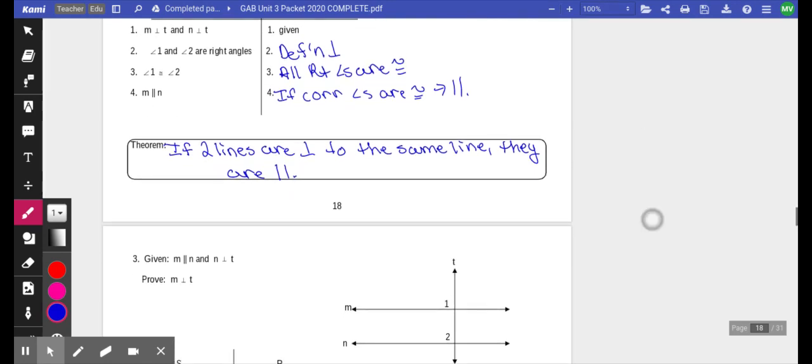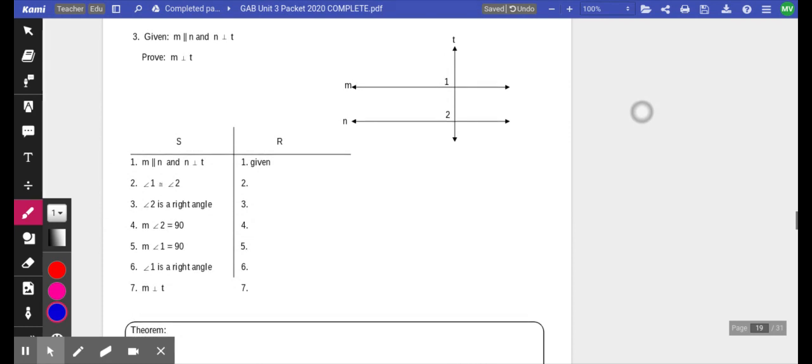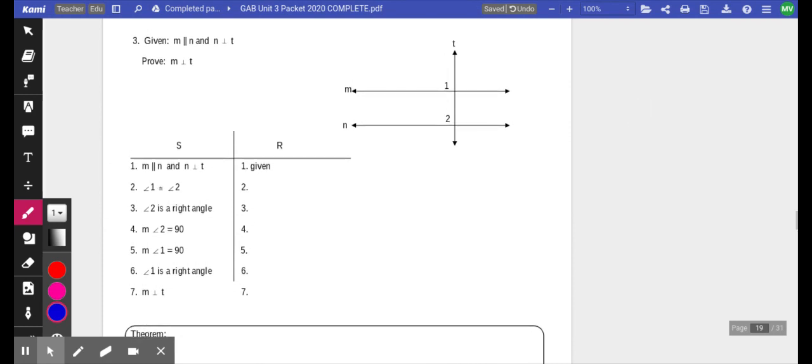So now let's see how we can use this. In number 3, we know that M and N are parallel and N and T are perpendicular. Oh, actually, we're not going to use those. We're developing our third theorem. So we know 1 and 2 are congruent because parallel implies corresponding angles congruent. We know 2 is a right angle because of the definition of perpendicular.